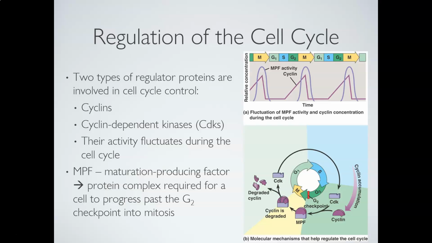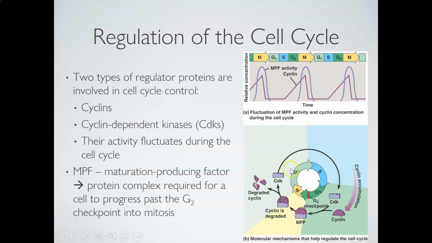We can also talk about this thing called MPF, or maturation promoting factor. These are protein complexes that get produced by these cyclins and CDKs, and that protein complex needs to be in place at a certain concentration in order for the cells to proceed past the G2 phase and actually get into mitosis itself. So when we look at this, while we're going through interphase, that CDK protein is always present.